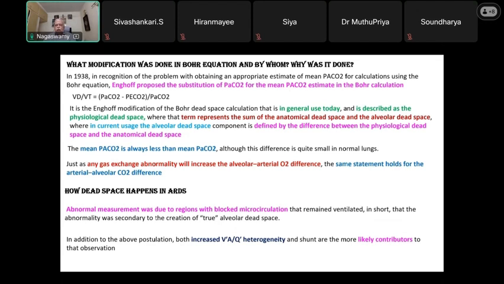Okay. So out of these 23 generations, up to about the 17th generation, air purely just comes and goes. It is a traveling passage. There is no gas exchange at all. And from 17 to 21 or even 19, there is a transitional zone where some amount of gas exchange takes place through the alveolar sacs, but not due to the alveoli.